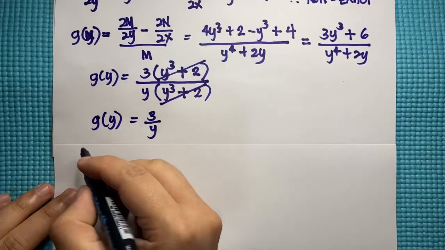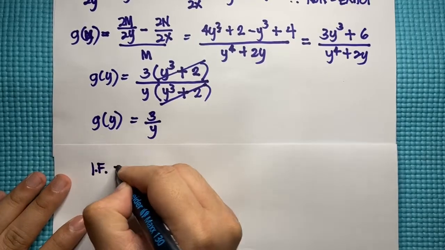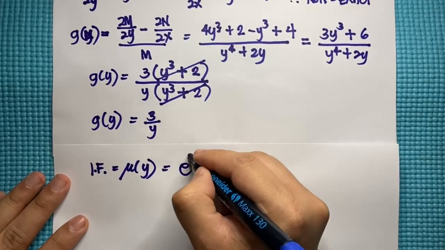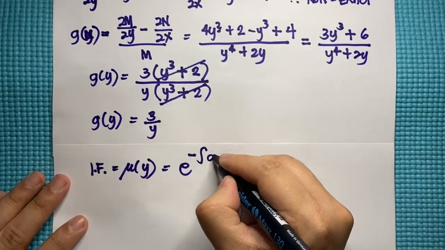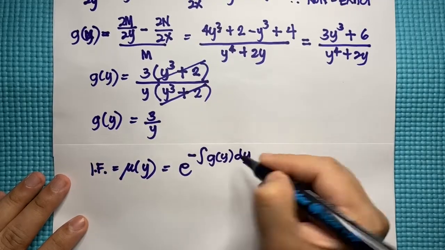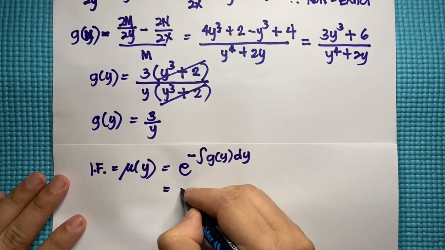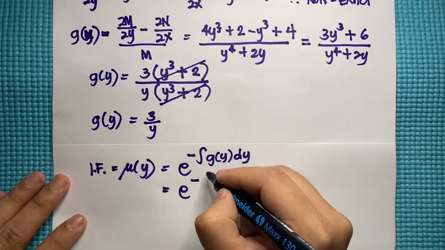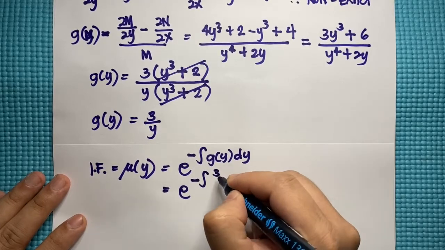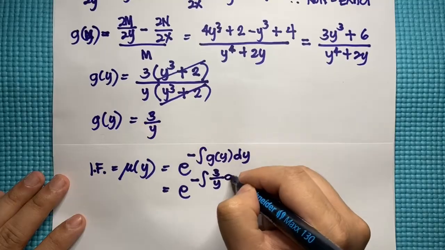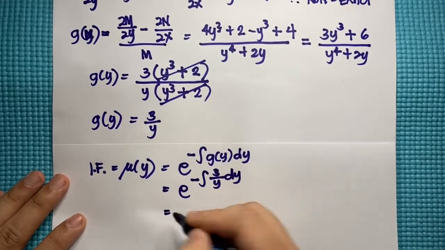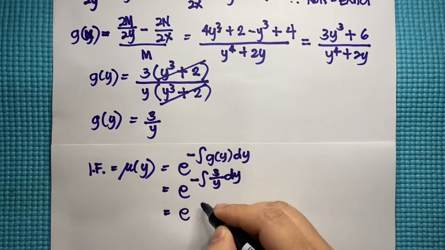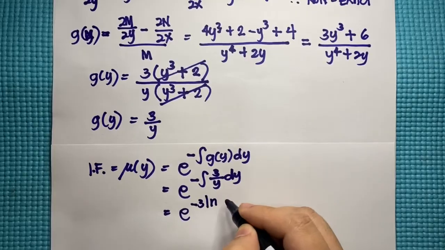So our integrating factor, mu of y, by our formula would be e raised to negative the integral of g of y dy. And that is e raised to negative the integral of 3 over y dy, which makes it e raised to negative 3 ln y.